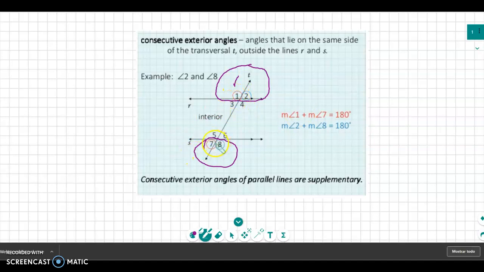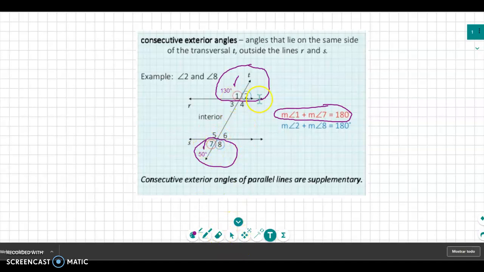If we add them, we get 180 degrees. For example, if angle 1 is 130, then angle 7 should be 50 degrees in order to get 180 degrees. This is the supplementary angle.